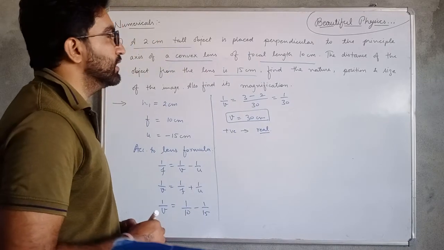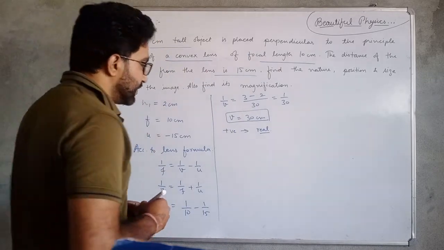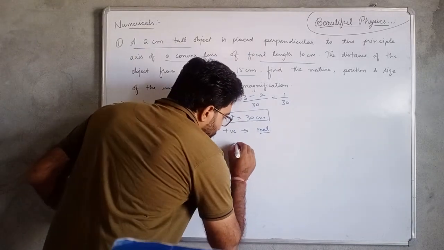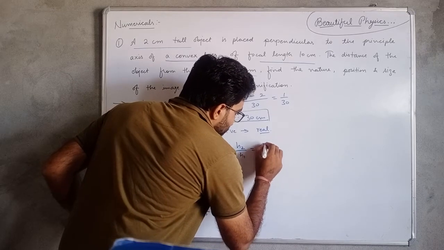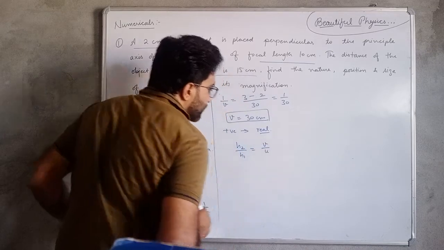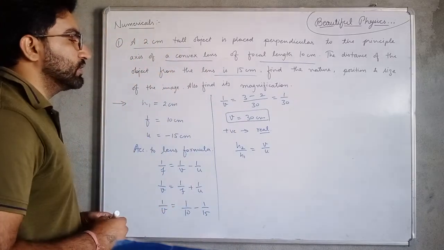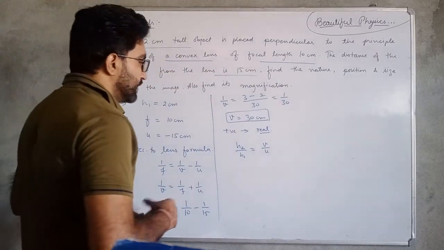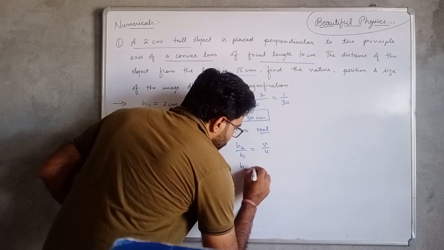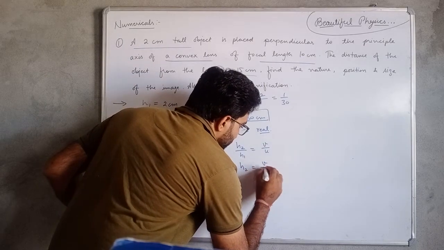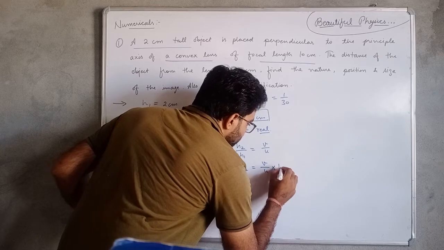Next we have to find the size of the image, and we know that h2 by h1 is equal to v by u. We have to find the value of h2. So h2 will be equal to v by u multiplied by h1.